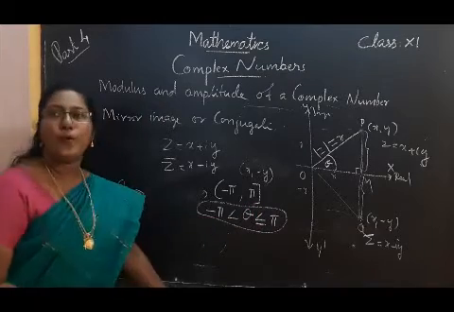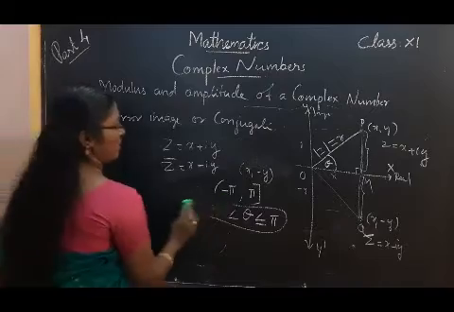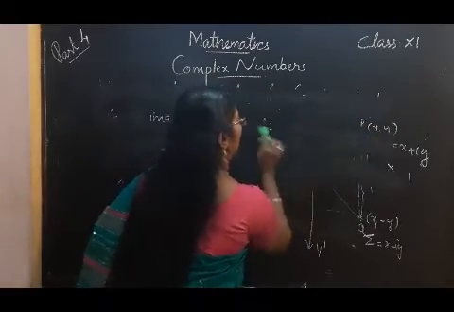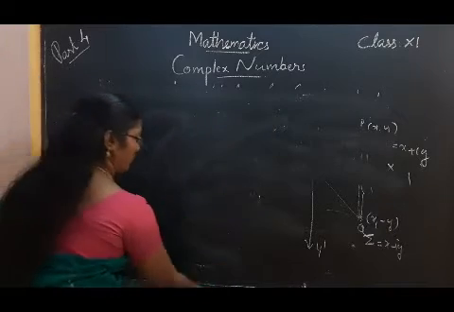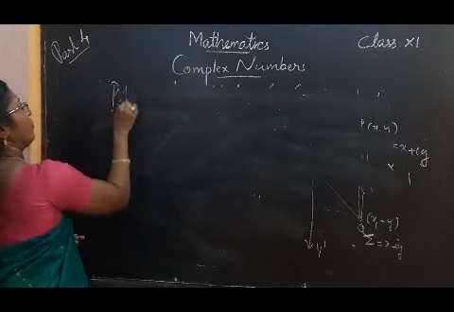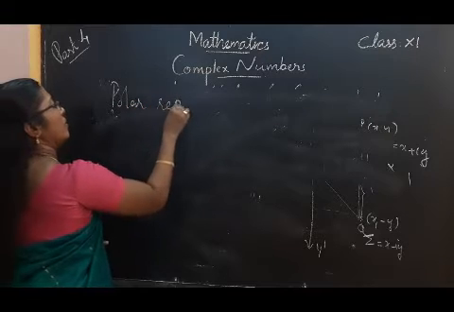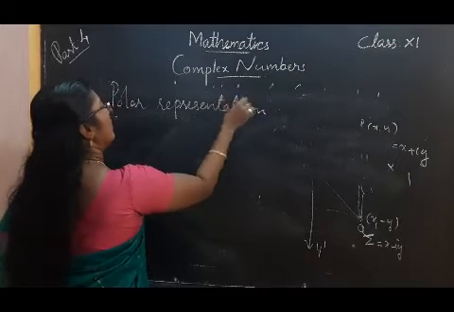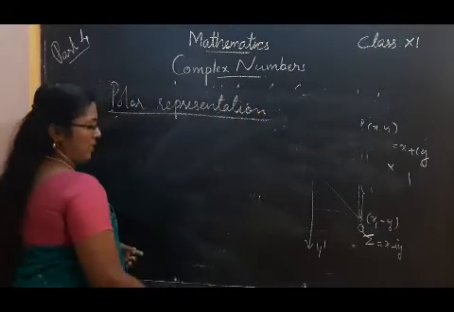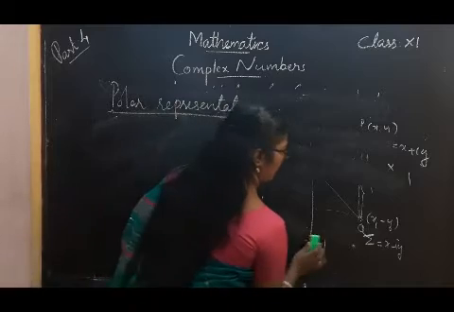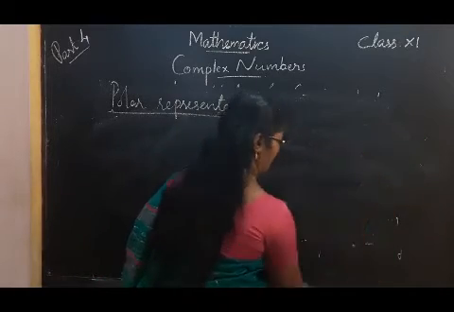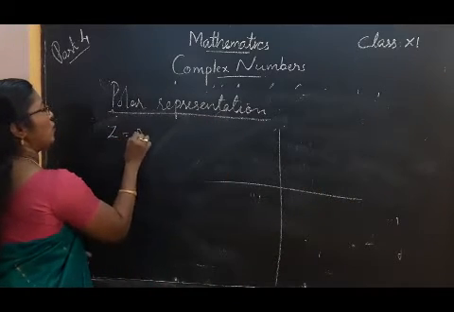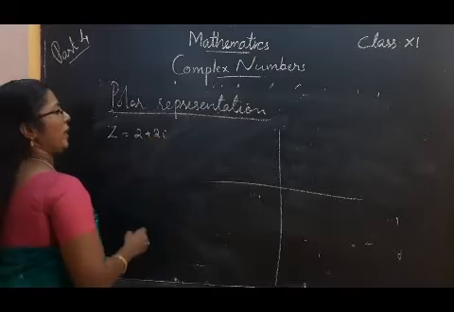Okay, then the polar representation of a complex number. Let us consider the complex number Z equal to 2 plus 2i.